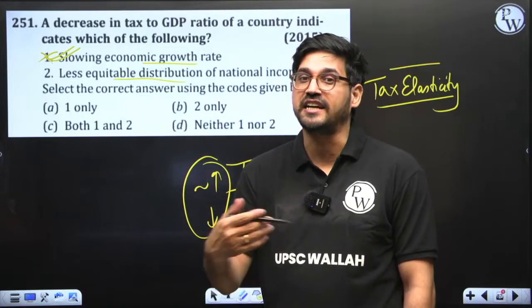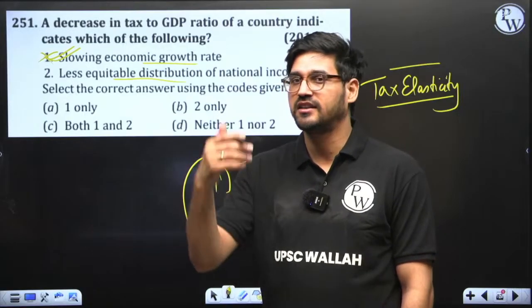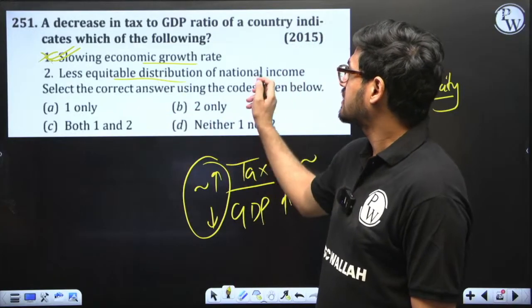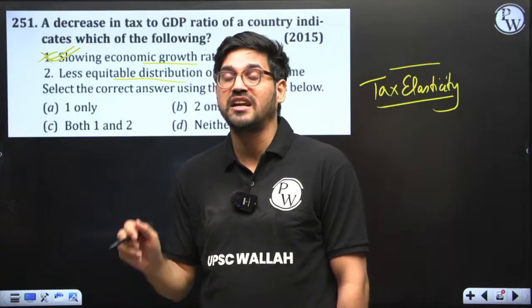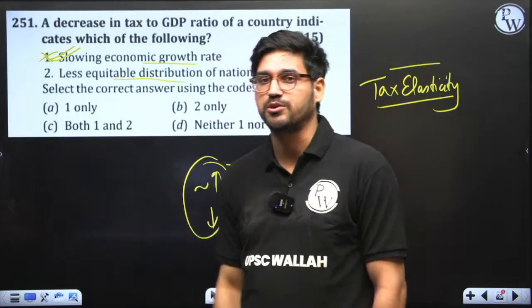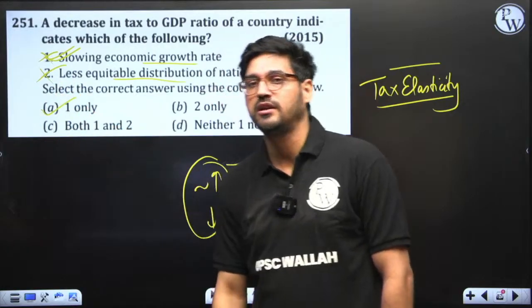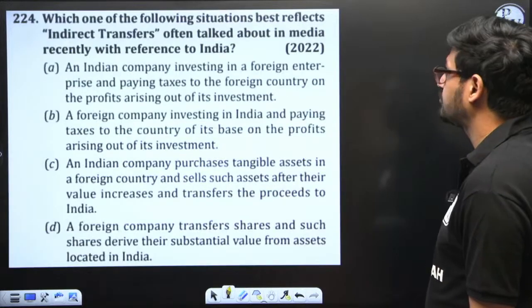It could be that the indirect taxes are more than the direct taxes, or the direct taxes are more than the indirect taxes. The tax to GDP ratio does not reflect on that part. So less equitable distribution of income, it may be the case, it may not be the case. It does not necessarily have to be less equitable distribution of national income. That means 2 is incorrect. The answer has to be 1 only. Let's move to the next one.